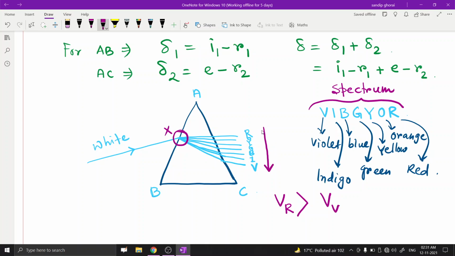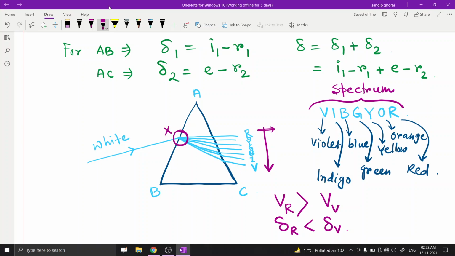Red has maximum velocity and violet has minimum velocity. So deviation for red is minimum, or deviation of red is less than deviation of violet. This is the reason behind dispersion.